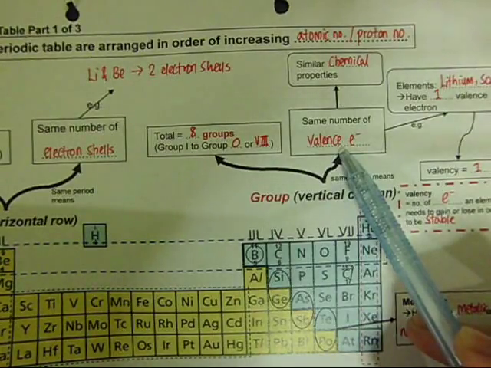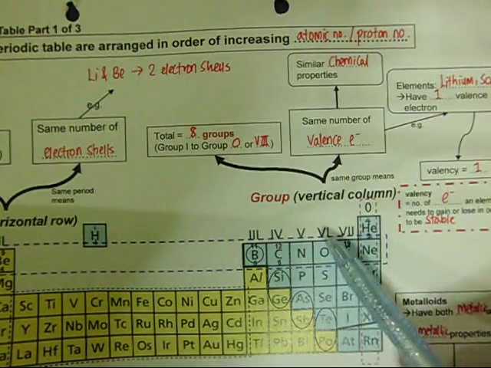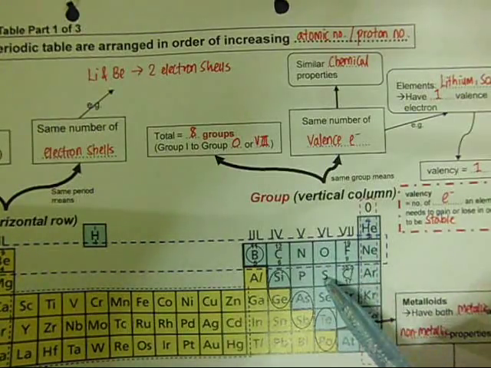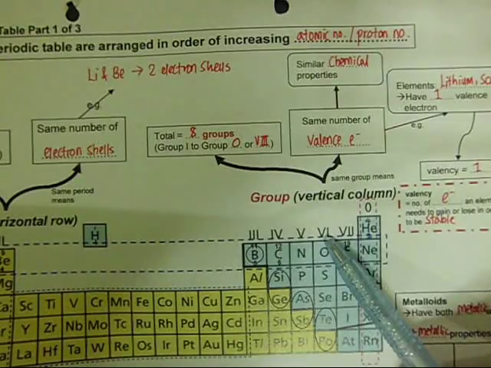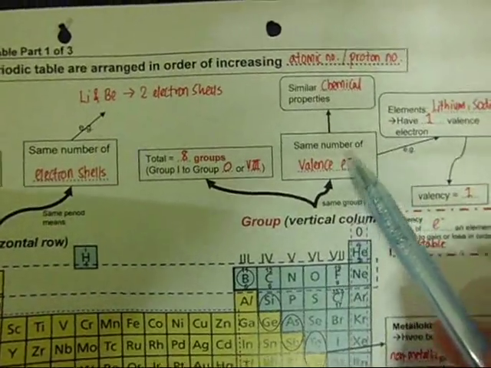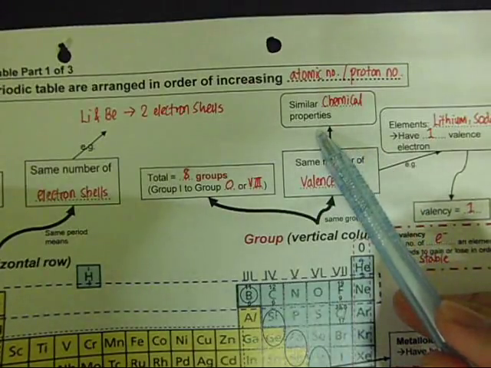Likewise for group 6, for example, oxygen, sulfur, they should have 6 valence electrons, or 6 electrons in the outermost shells. Okay, same number of valence electron means that they have similar chemical properties.